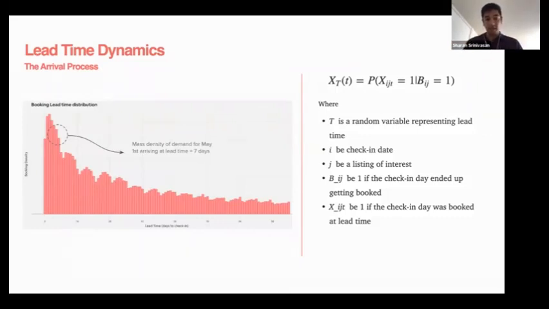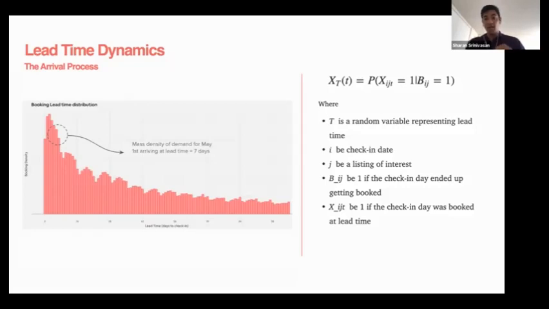So for example, in the region that I've circled, it means the mass density of bookings at a 7-day lead time would be, say, 5% or 6% or whatever. To formalize this a little better, if x(t) is the distribution that we're looking at, we want to find the probability that a certain listing is going to get booked at a lead time of, say, 10 days, given that it is going to be booked.